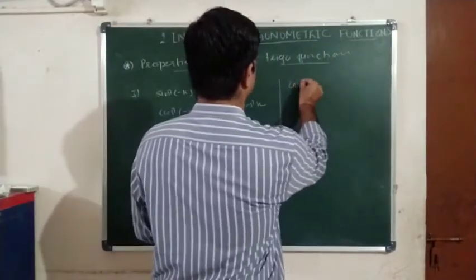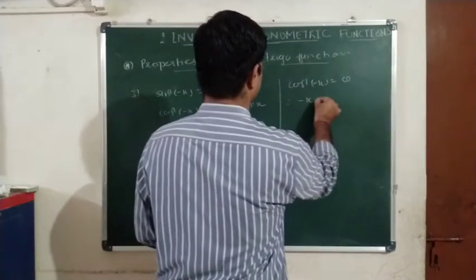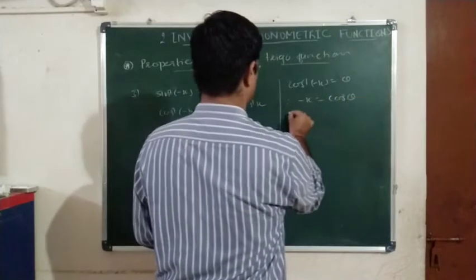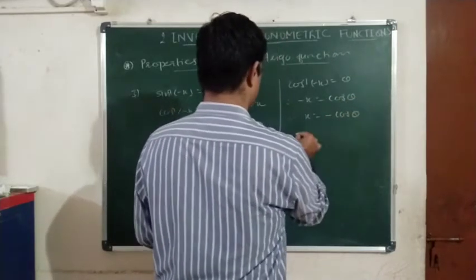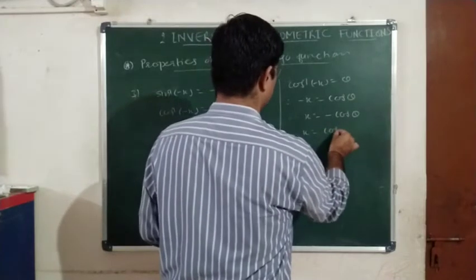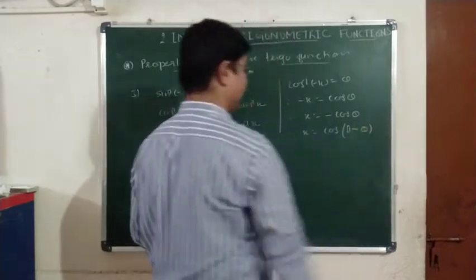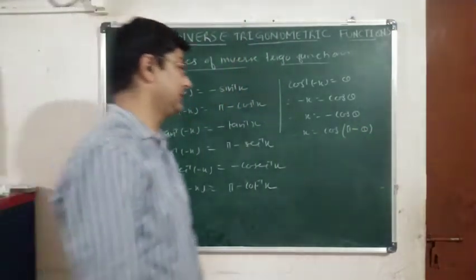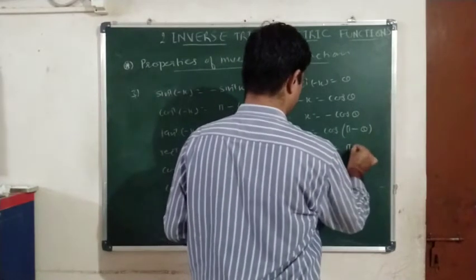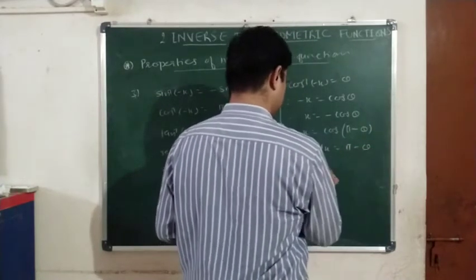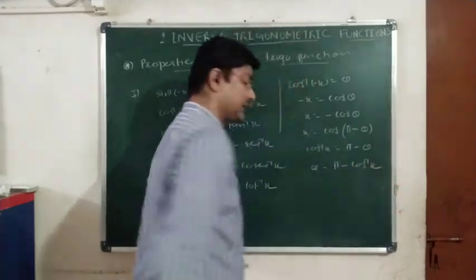Okay, let cos inverse minus x is equal to theta, therefore minus x is equal to cos theta, therefore x is equal to minus cos theta, therefore x is equal to cos of pi minus theta. We know that cos of pi minus theta is minus cos theta, and therefore cos inverse x is equal to pi minus theta, and therefore theta is equal to pi minus cos inverse x.